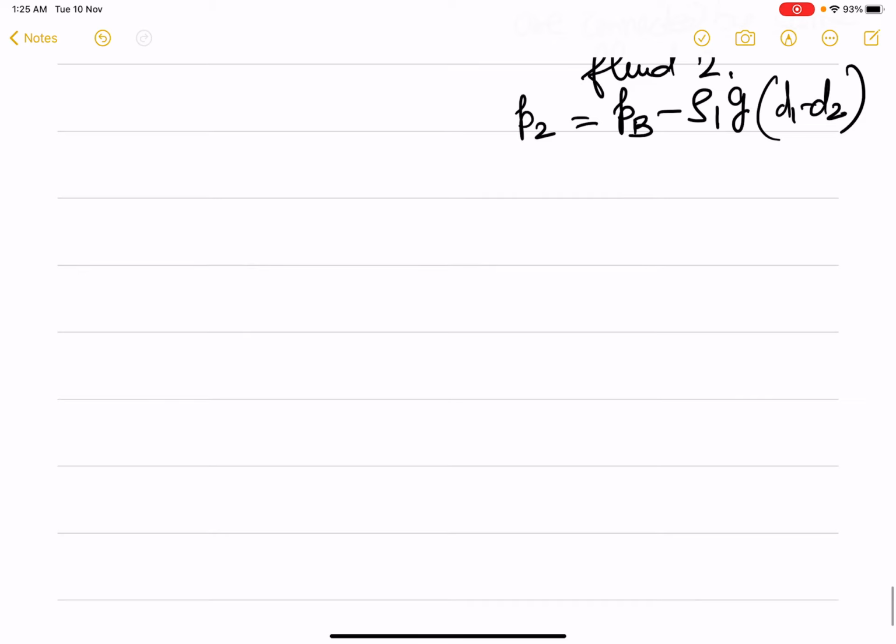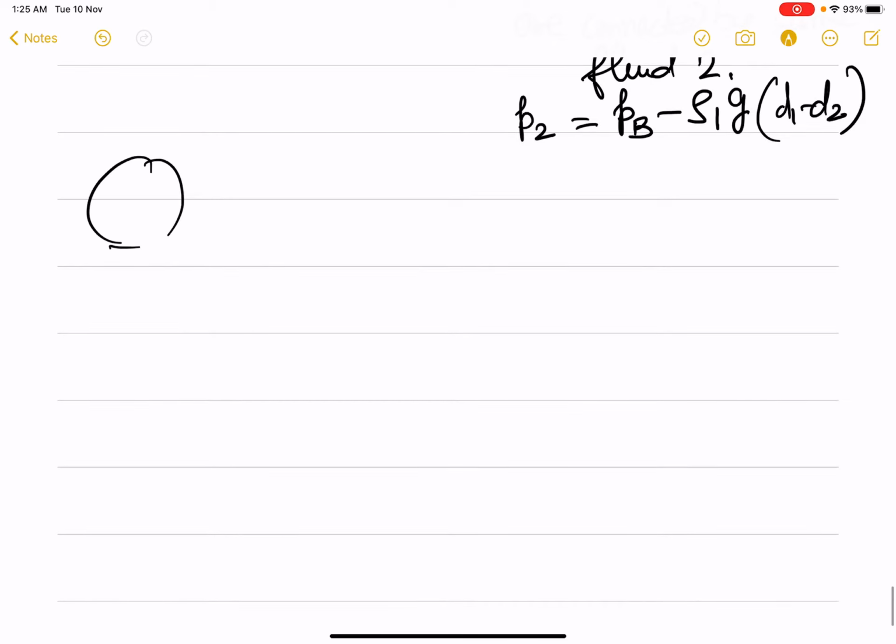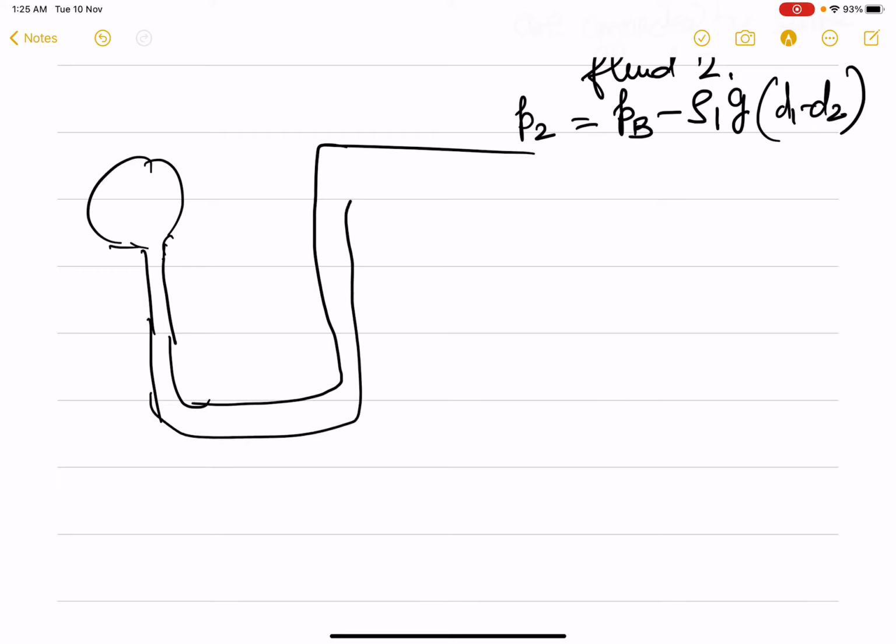So let's draw a slightly more complex manometer to understand this principle. So here we have a manometer like this. And again, I'm just drawing it randomly.